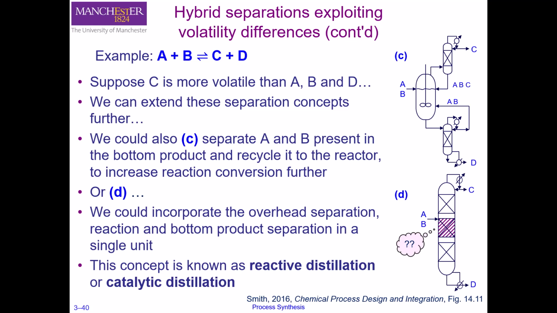We may need a catalyst to be present to enable the reaction to proceed. So we need to find a way of having fluid-catalyst contact inside the column, while also enabling countercurrent flow of vapor and liquid in that reactive zone. By looking at these options, we can form a reactive zone inside a distillation column.